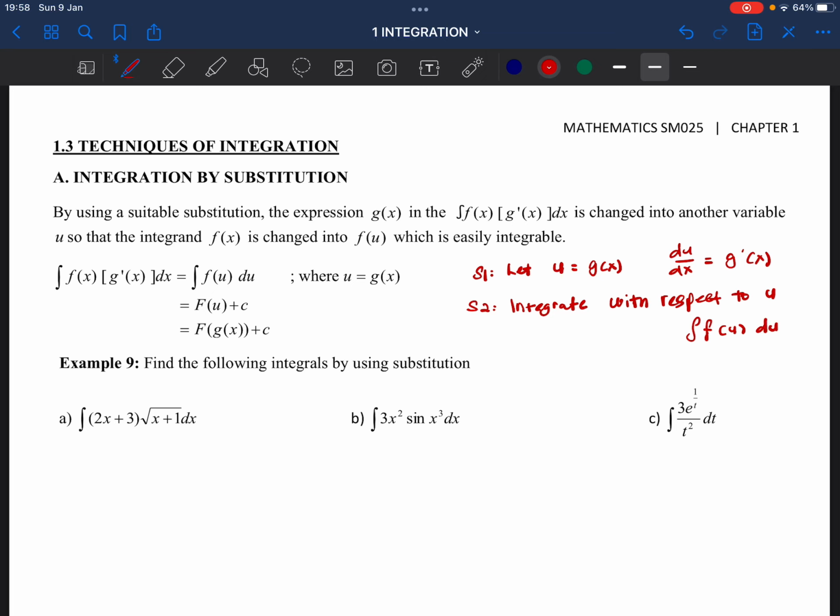And the third one is, after you integrate, just replace back your u with g(x). It looks complicated, but it is very simple.